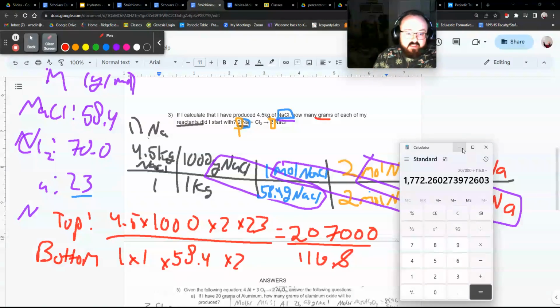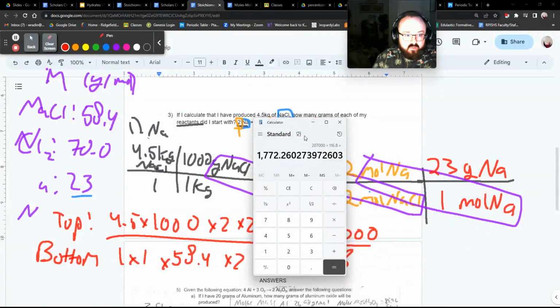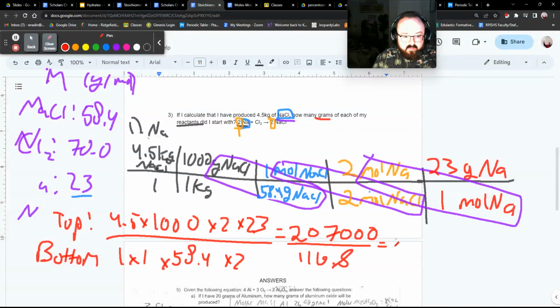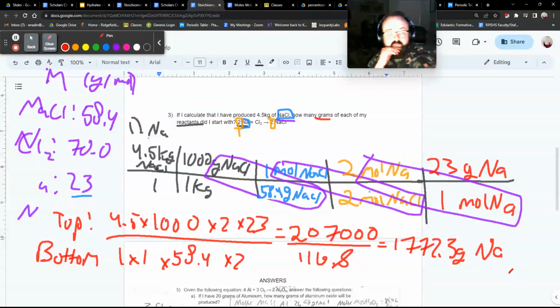Final answer is 1,772.3 grams of sodium. Notice, I started off with 4.5 kilograms of NaCl, which is a lot. That's 4,500 grams. But of that, only 1,772 of it's sodium.